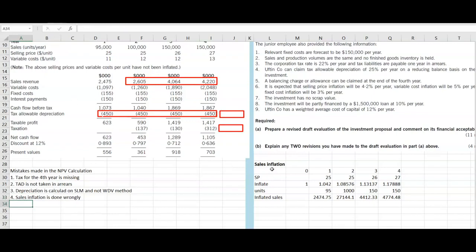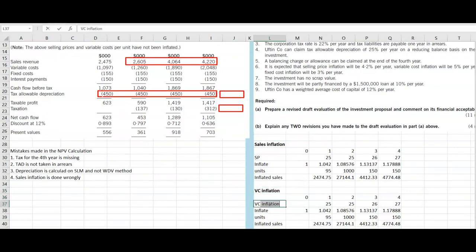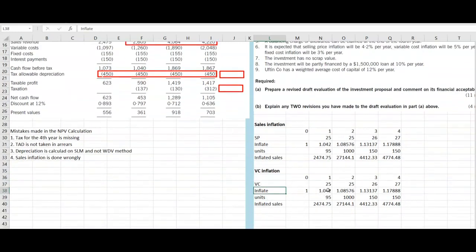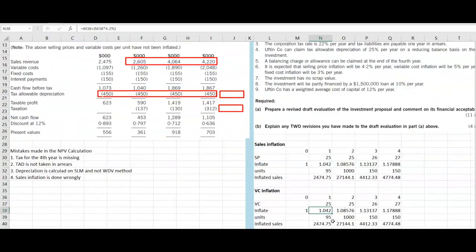So we'll check whether the variable cost is at least properly inflated. Variable cost inflation is around 5%.